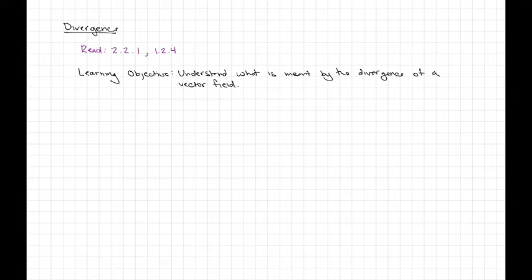In this lecture, we're going to talk about something called the divergence. The whole point is just to get a good conceptual understanding of what is meant when you take the divergence of a vector field.